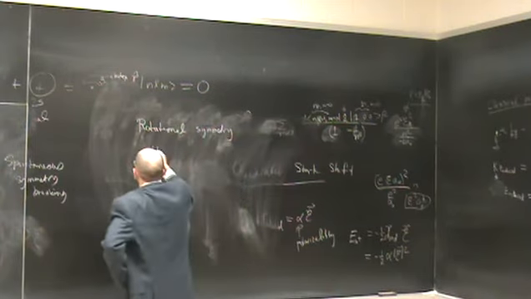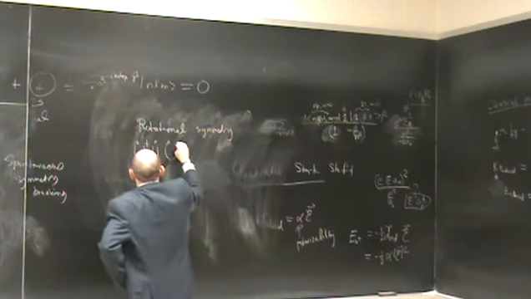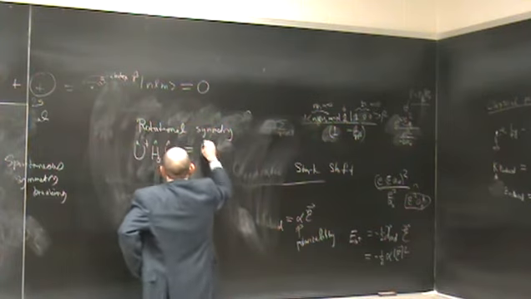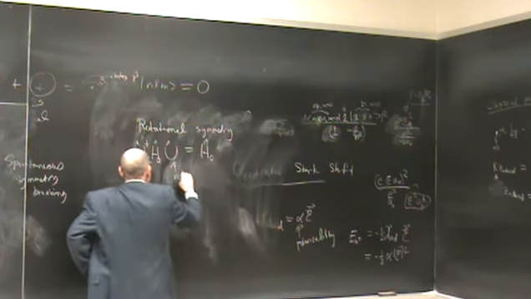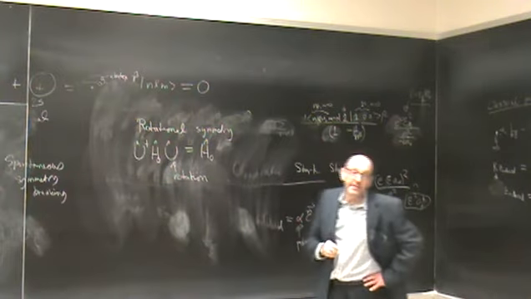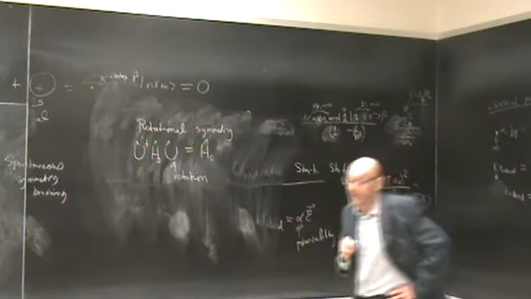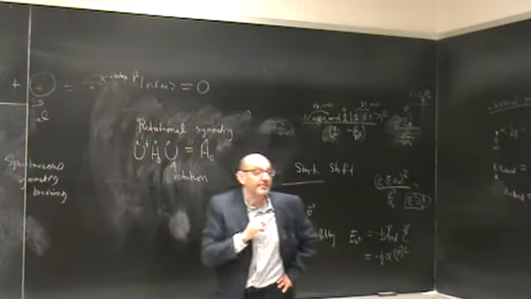That is to say, our Hamiltonian for the hydrogen atom is invariant under a rotation. And that rotation meant that we can look for eigenstates of the Hamiltonian, which are also eigenstates of rotation.